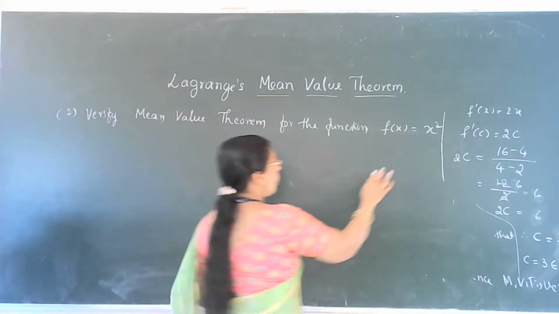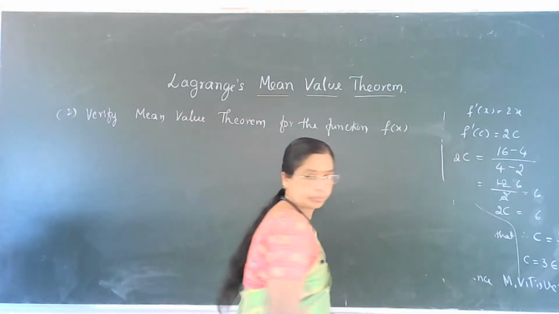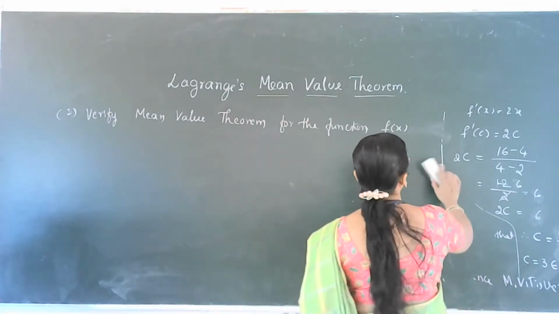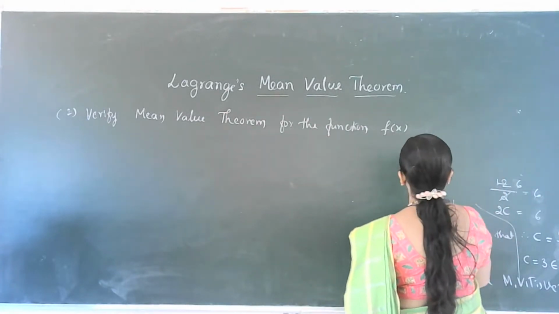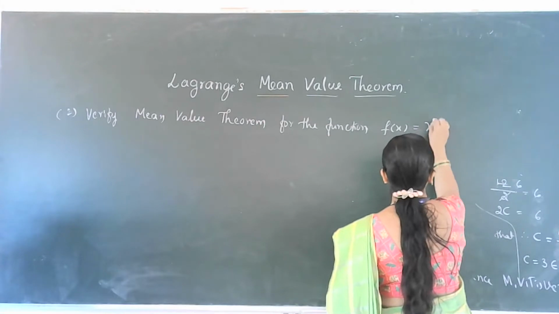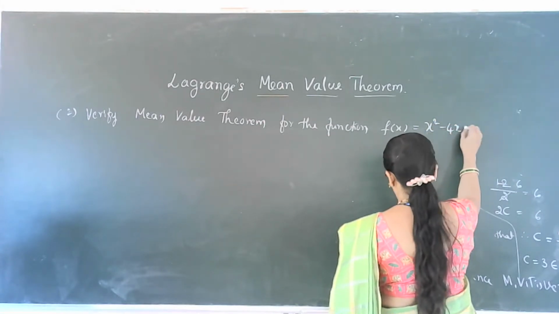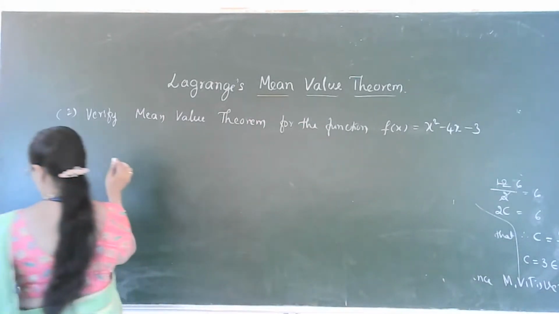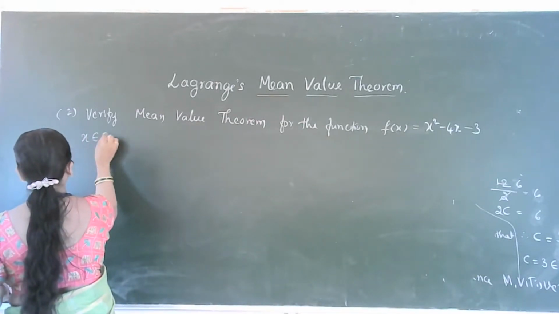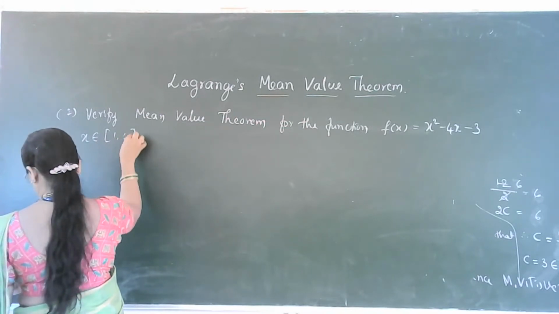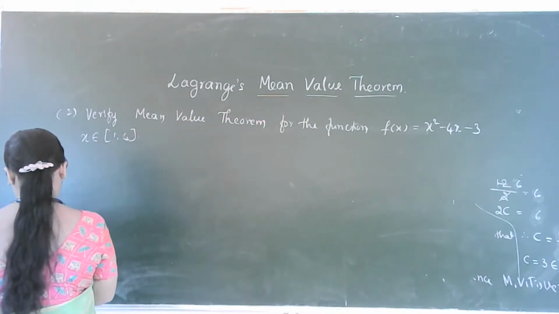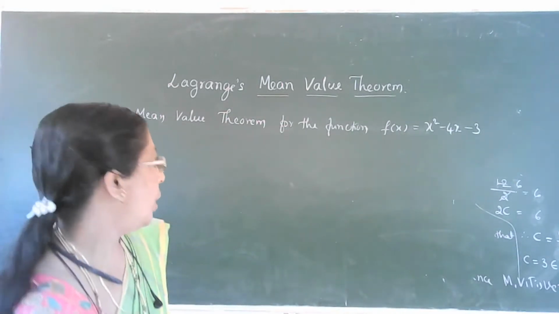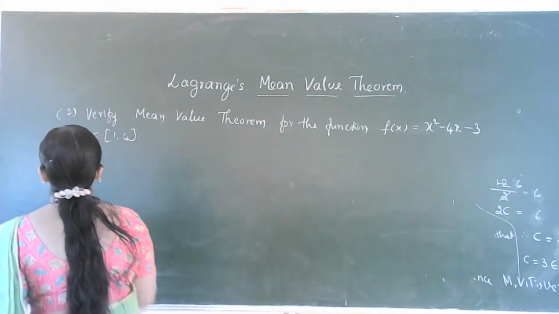Second example: f of x is equal to x square minus 4x minus 3, where x belongs to [1, 4]. Here also we follow the same steps.